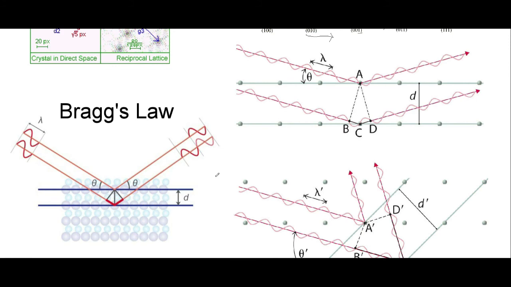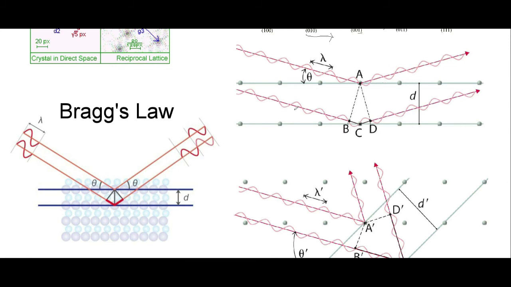And so what that means is if we have our planes here, then the incident X-ray beams are going to come in, and you see here that there is a certain length that this has to be from here to here, so that once they're coming out, we get constructive interference between the outgoing waves.